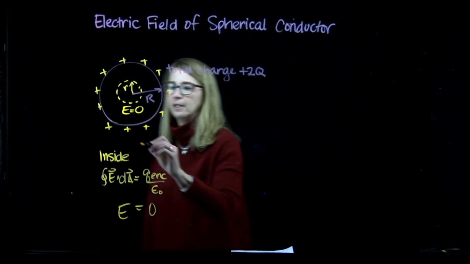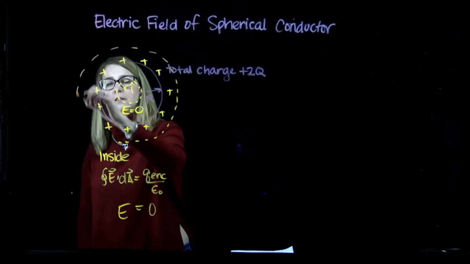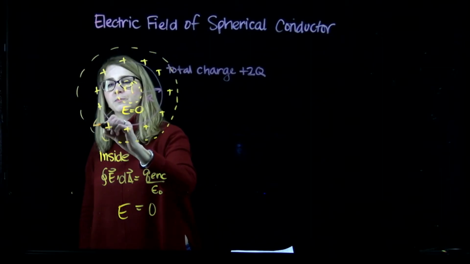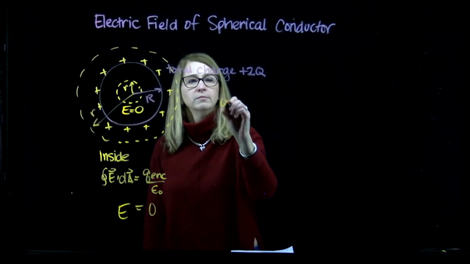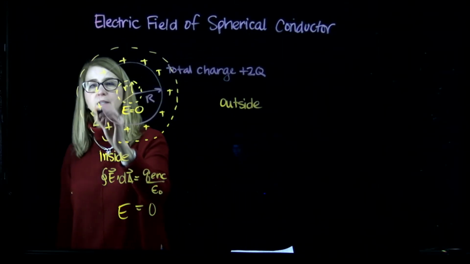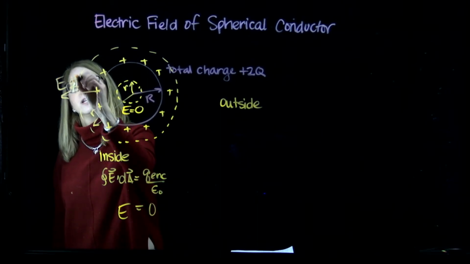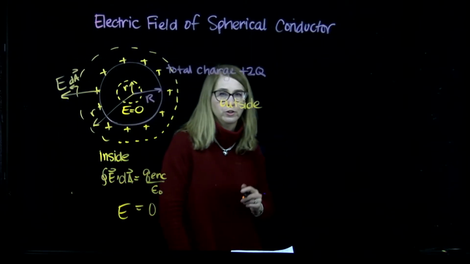Now, if I look outside of the conductor, I expect that there's an electric field pointing out. This is the area vector. They're parallel to each other.